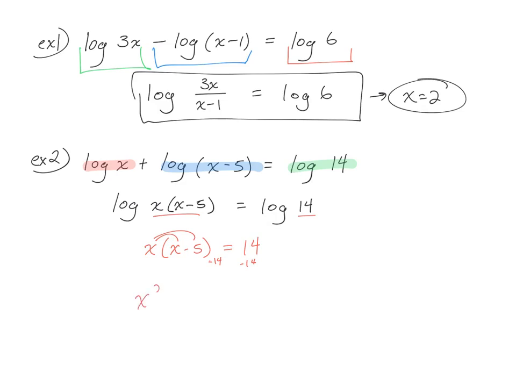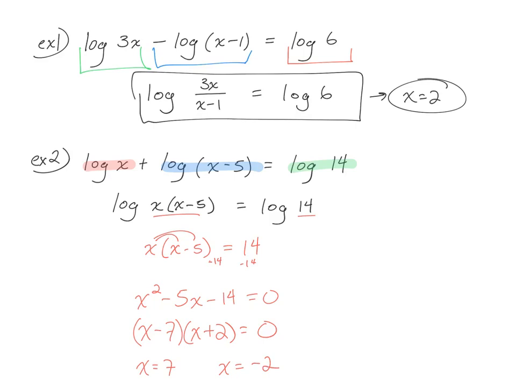So that'll leave me with x squared minus 5x minus 14 equals 0. And yes, we got something that's quadratic, so we factor: x minus 7 times x plus 2 equals 0. And from there, we know that x equals 7 and x equals negative 2.